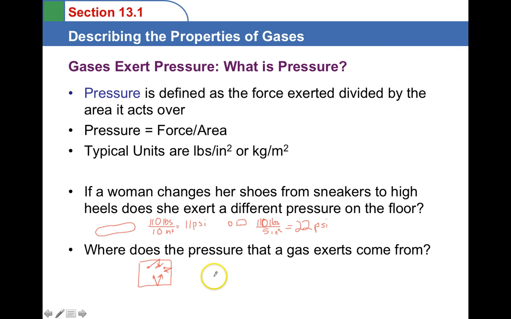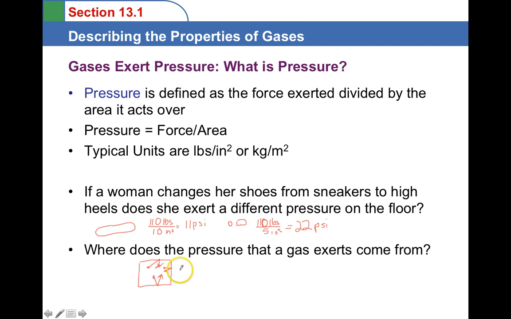When we think about the relationship between pressure and temperature, temperature is a measure of how fast particles are moving. The faster the particles move, the more pressure is exerted, because faster moving particles bounce off the walls faster and more frequently, which results in a higher amount of pressure.